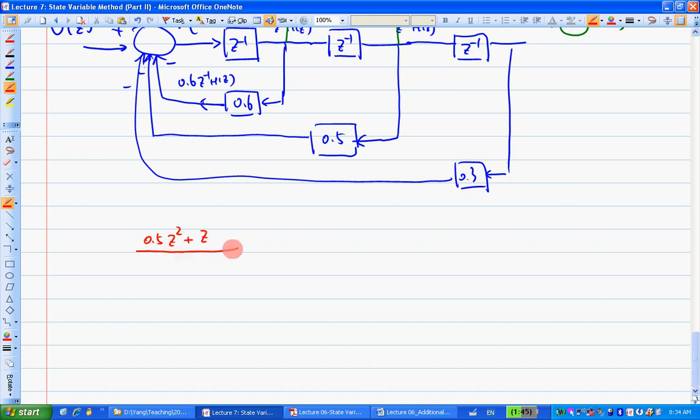I'm not going to change the bottom. I will change the numerator slightly. So if I change the numerator here into 2, I added a term here.